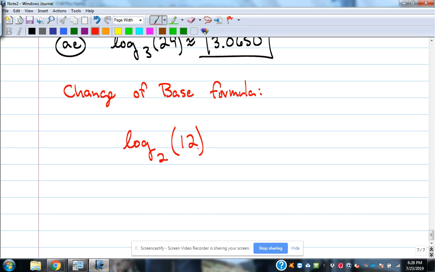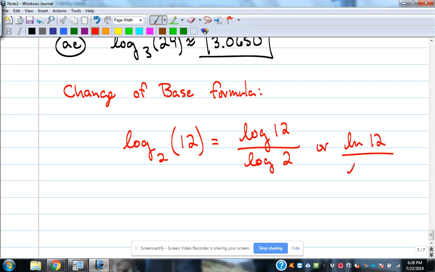You can do that with a common log by just doing the log base 10 of 12 divided by log base 10 of 2, or natural log of 12 divided by natural log of 2. The base always goes to the bottom. That's the way I remembered it when I was going through college algebra in class. We didn't have the log base function on our graphing calculators.